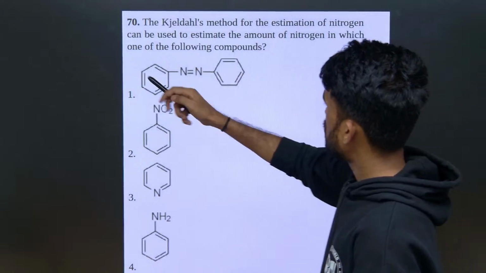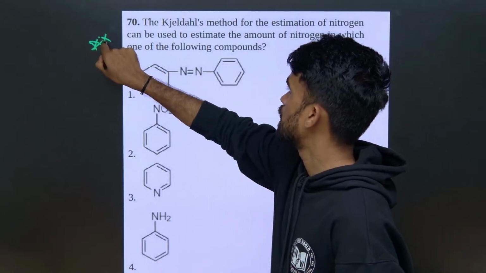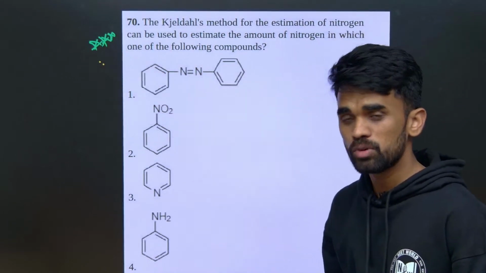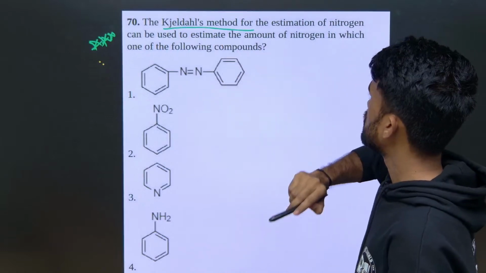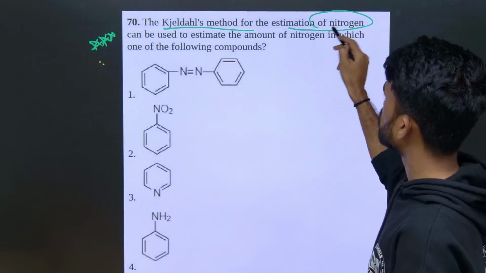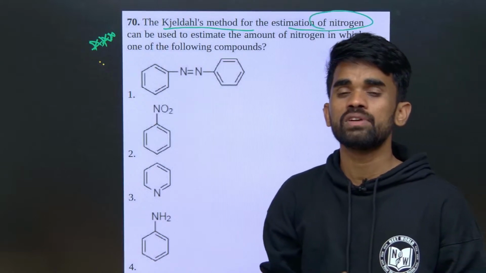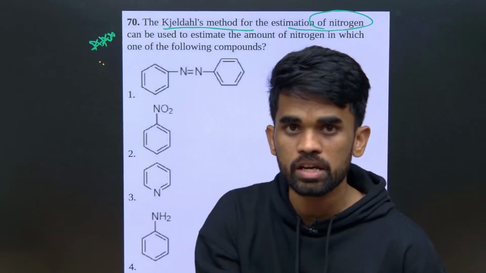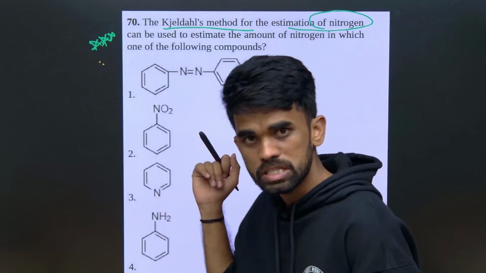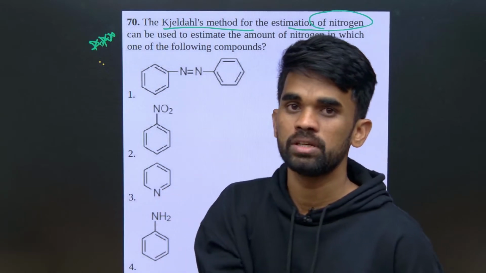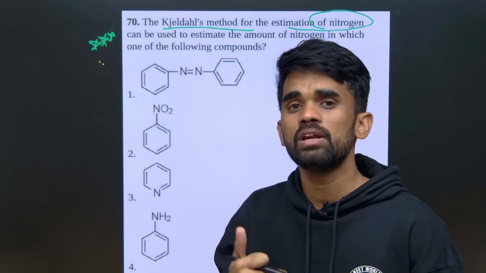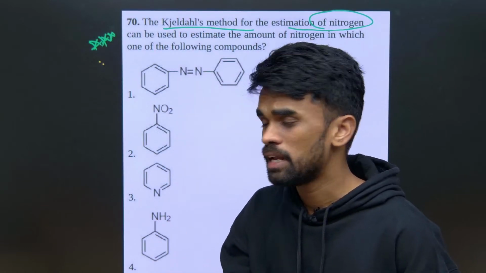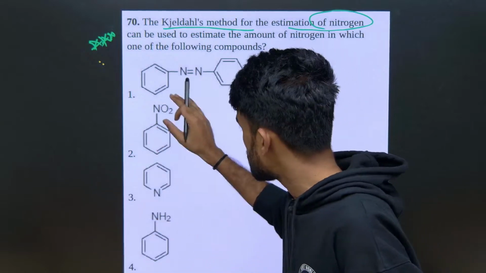Next, Kjeldahl's method, which is again important. Kjeldahl's and Dumas method, if you have time, you can go through them. Kjeldahl's method is used to estimate nitrogen. How much nitrogen is present in a given organic compound is estimated by Kjeldahl's method and Dumas method. This Kjeldahl's method will not work for some compounds, which are given here.